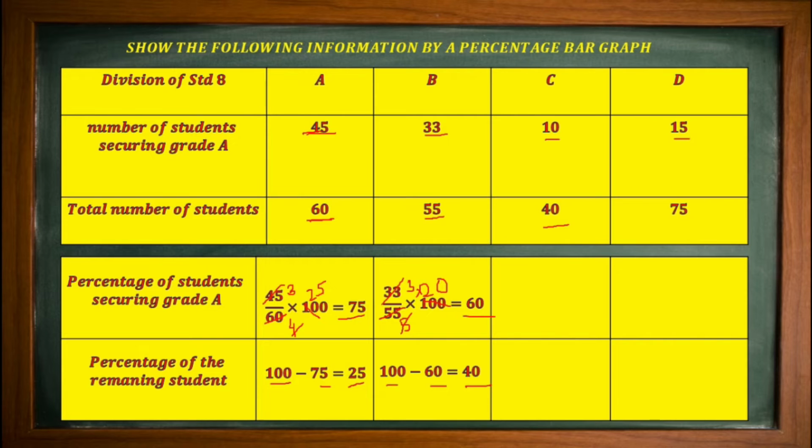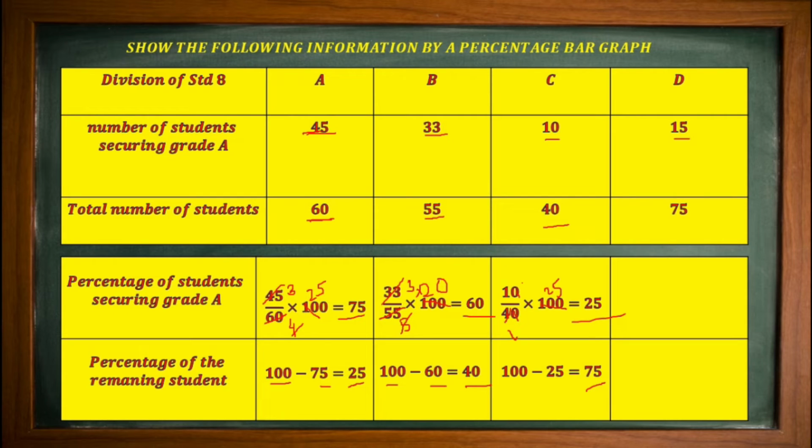Now C division: only 10 students from 40 students, so 10 upon 40 into 100; this 0 and this 0 cancel, 4 ones are 4, and 4 twenty-fives are 100, so the percentage is 25 for class C. 100 minus 25 is 75, so 75% students are remaining without securing grade A.